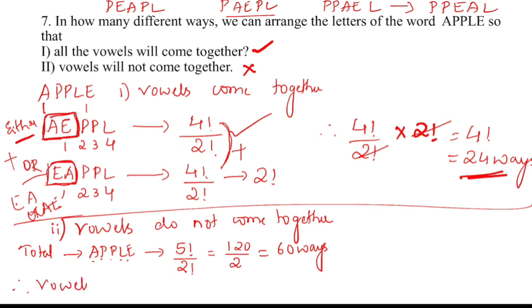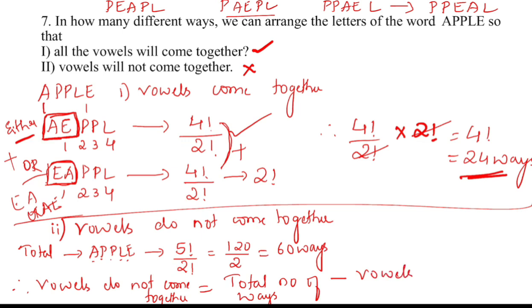Therefore, vowels do not come together can be written as the total number of ways in which apple can be arranged minus vowels coming together. When we do this, we will get vowels do not come together.